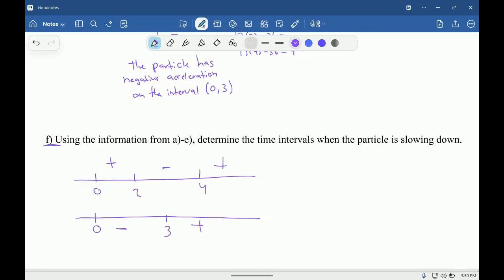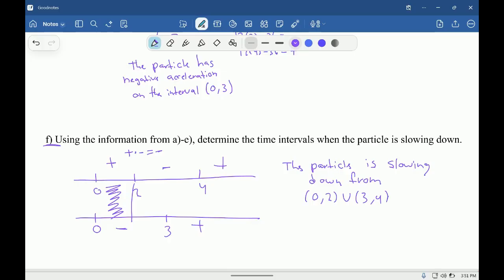So for sure, the particle is slowing down from 0 to 2 and from 3 to 4, because we can see that plus times negative equals negative. This would be slowing down. And then over here, we have negative times positive, which equals negative.